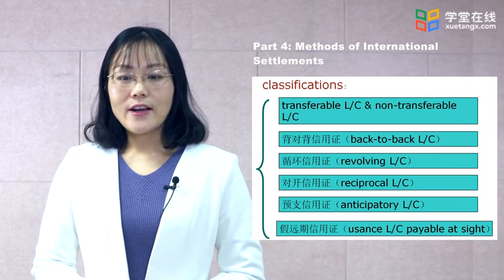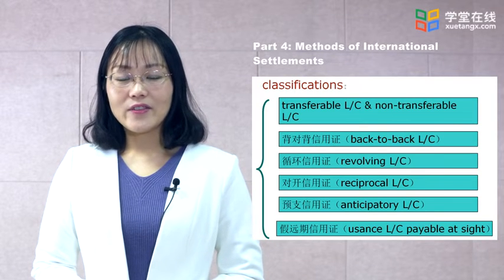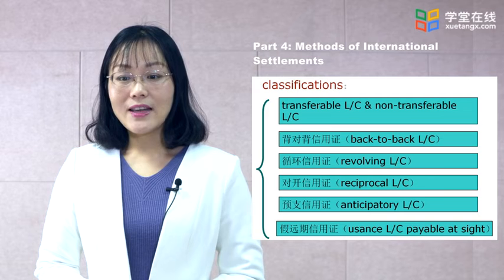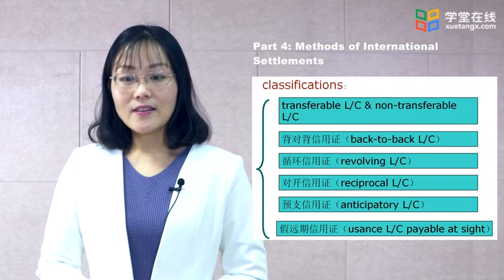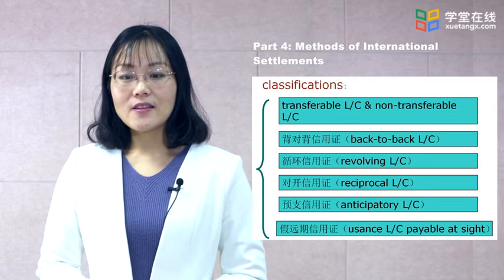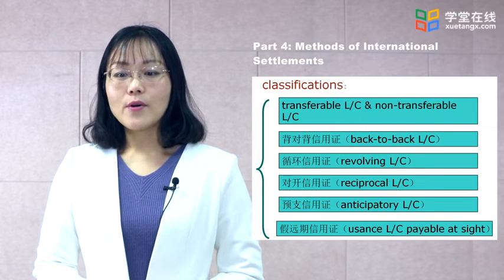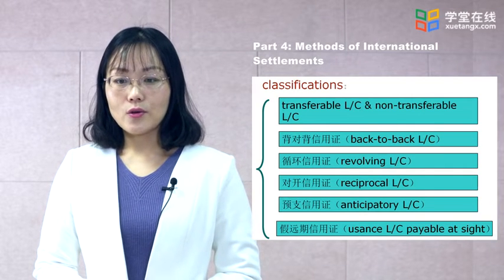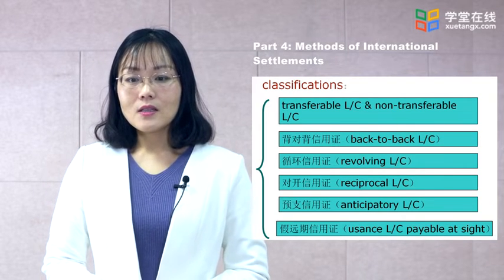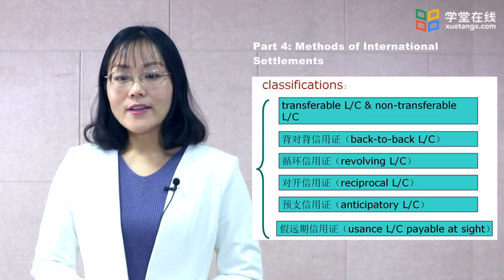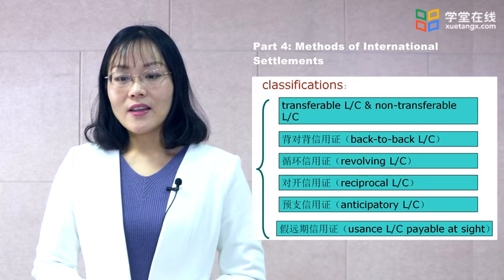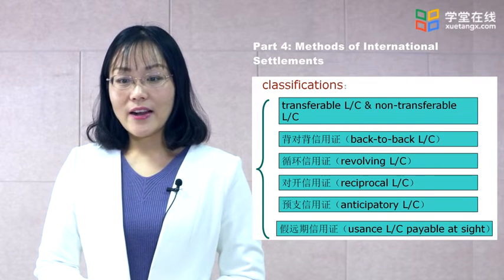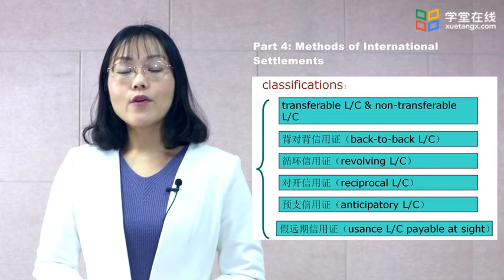This type of credit is a kind of pre-shipment financing intended to assist the exporter in the production or procurement of the goods sold. The special clause widely used in the anticipatory credit is as the following.